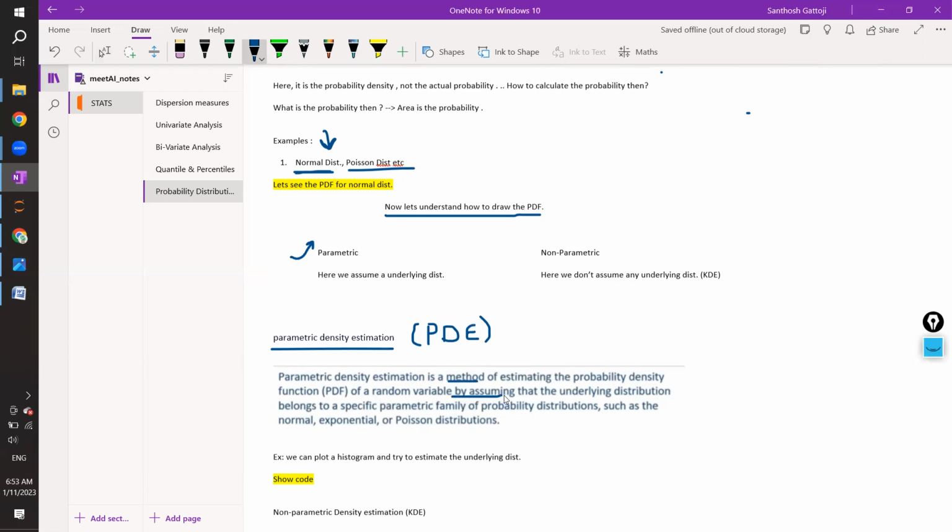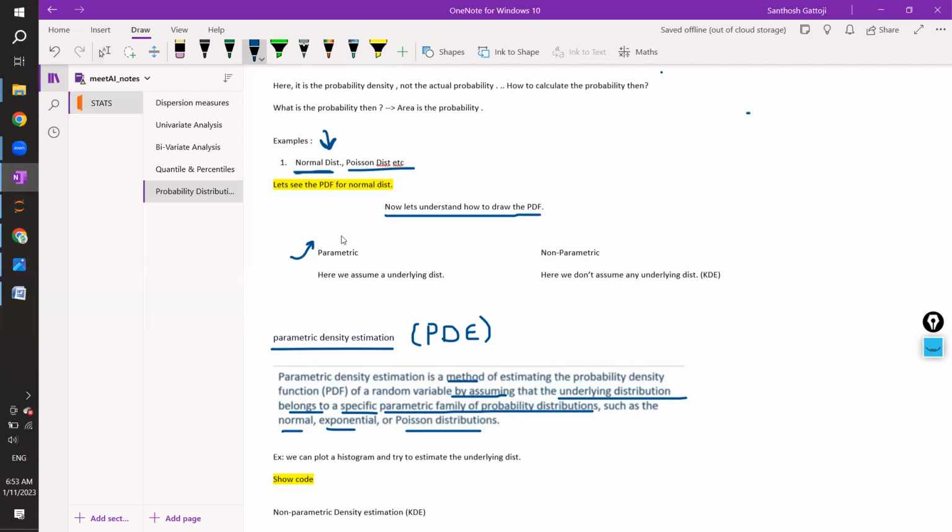By assuming that the underlying distribution, whose type we don't know, belongs to a specific parametric family of probability distributions. What are those? Some famous PDFs: normal, exponential, Poisson, just like we have seen above.